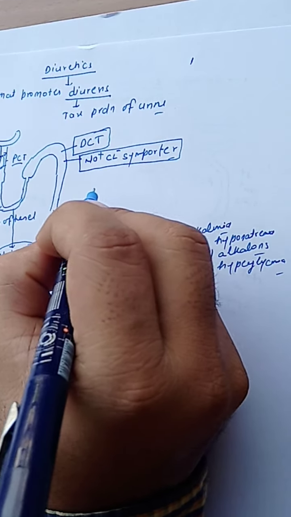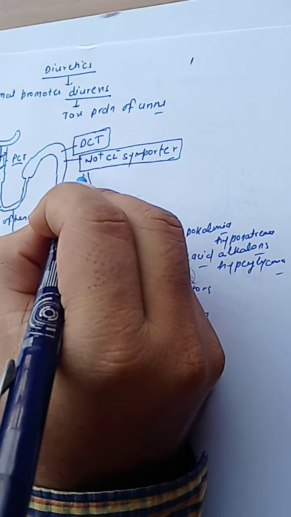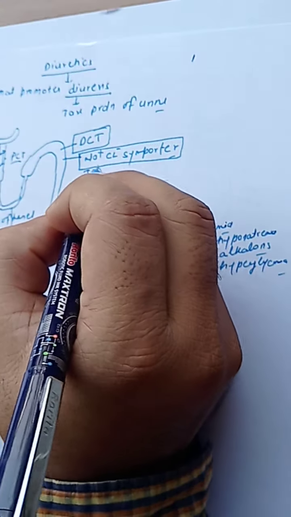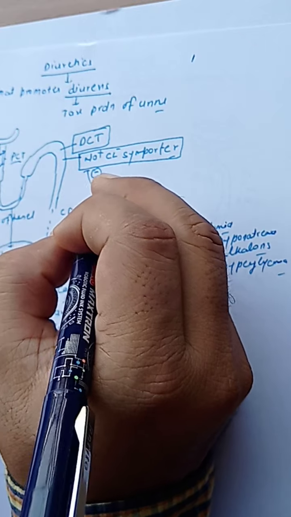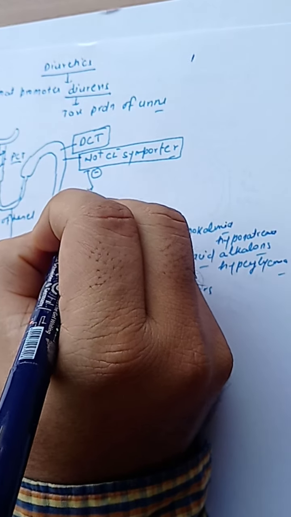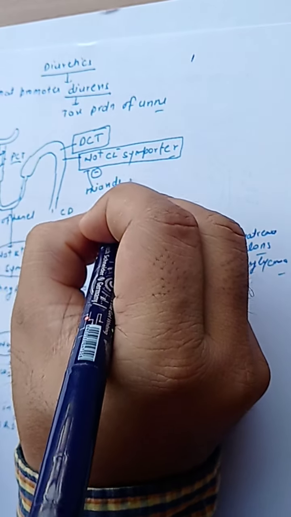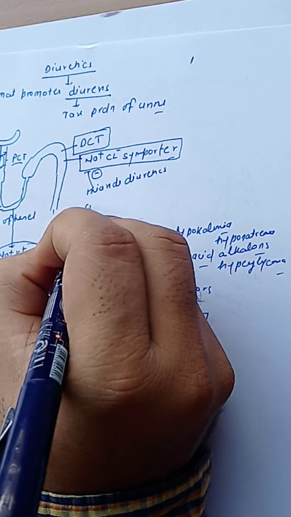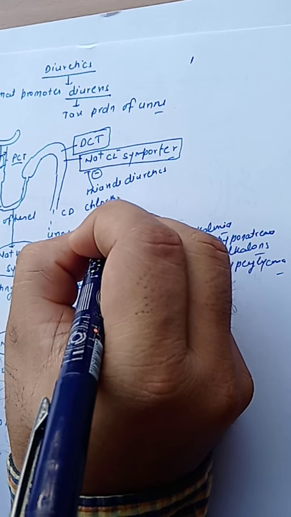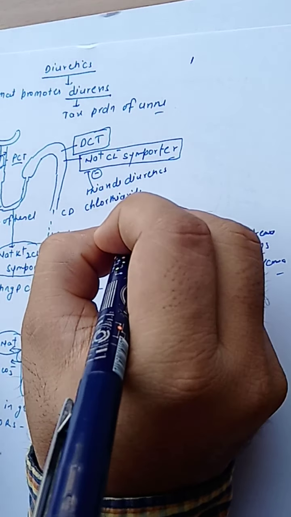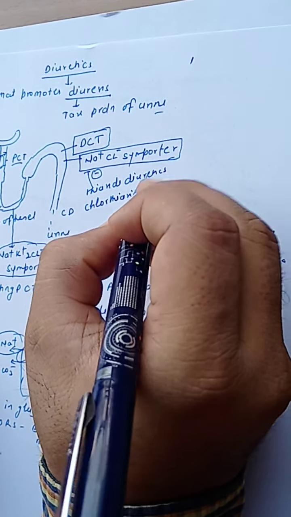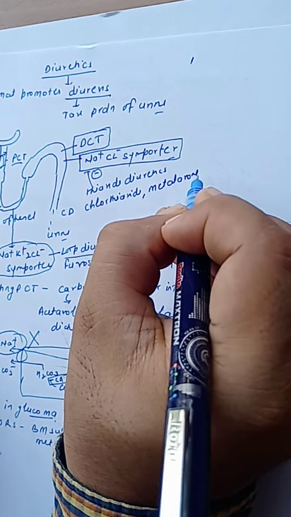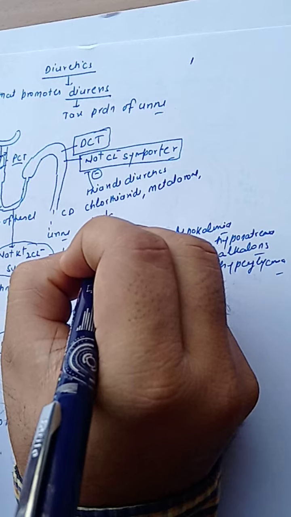The drugs which inhibit this transporter system are thiazide diuretics, and the drugs are chlorothiazide, metolazone, and indapamide.